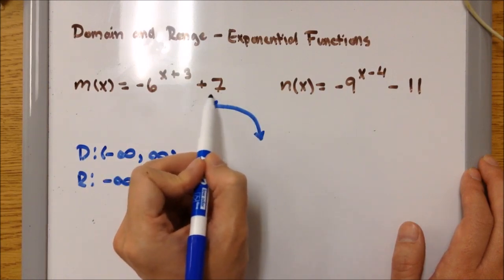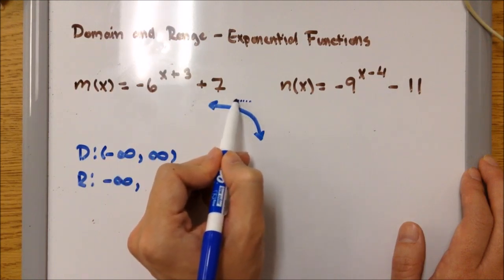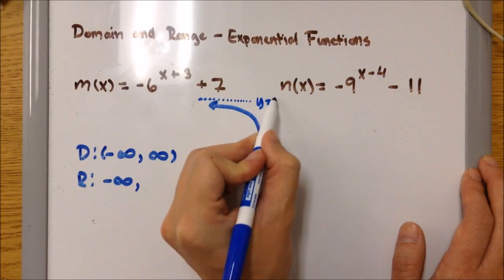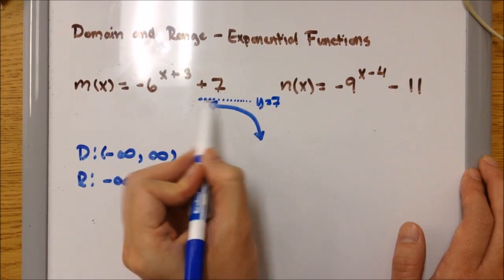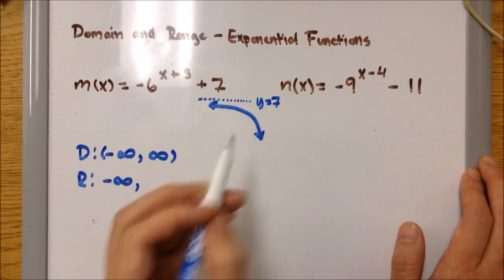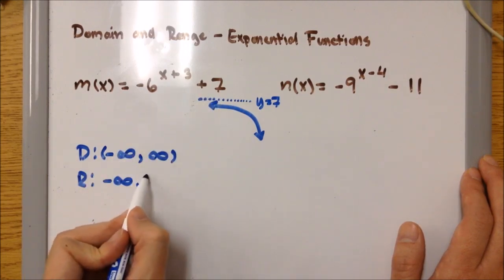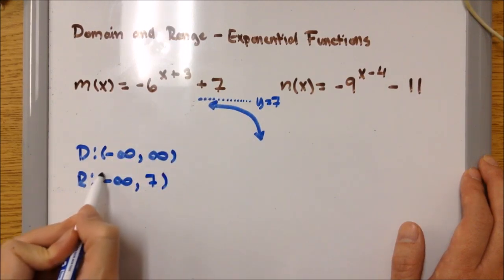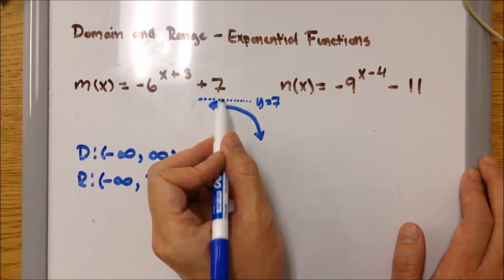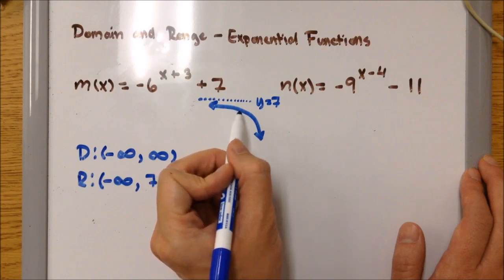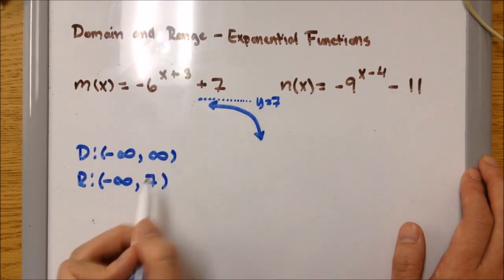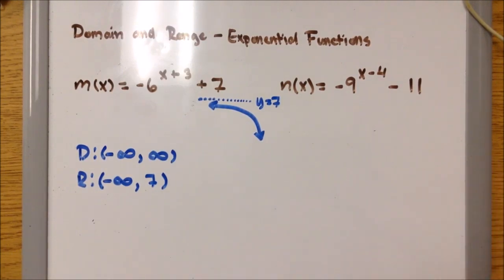So here, y equals 7. It won't go past 7, but it goes near it. So the top of the graph is going to be at 7, but with parentheses. It won't touch it, it will go near it, nor will it go past it. So again, it won't touch 7, it won't go past 7, but it will go near it. So that's why we use parentheses.